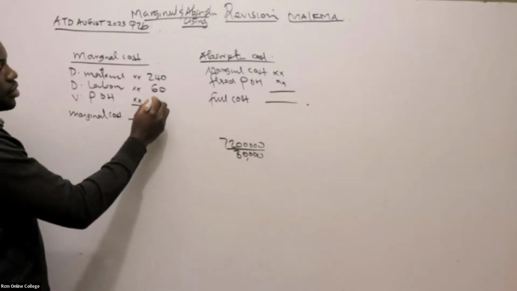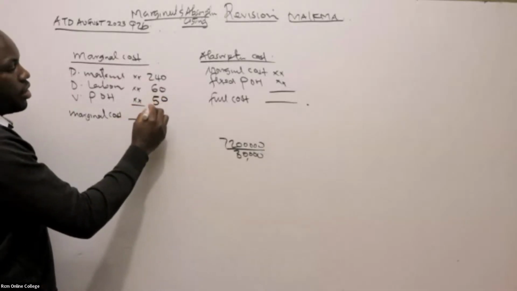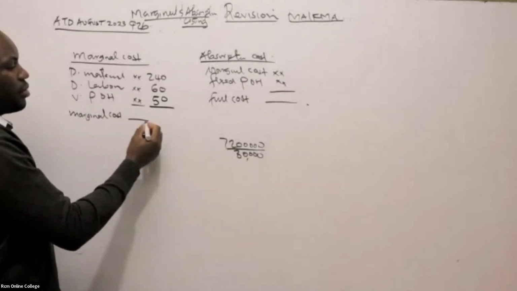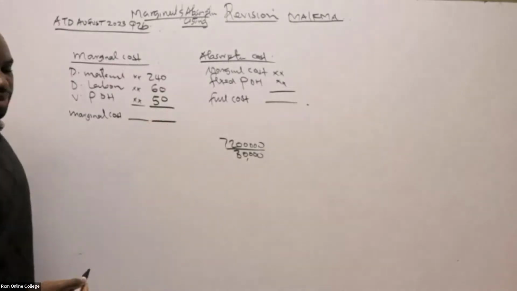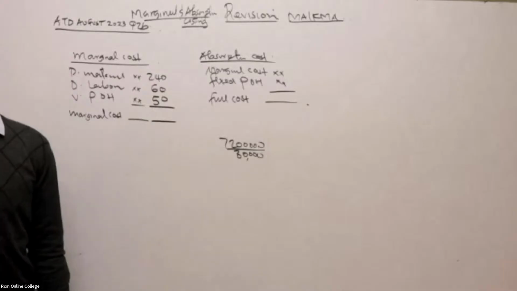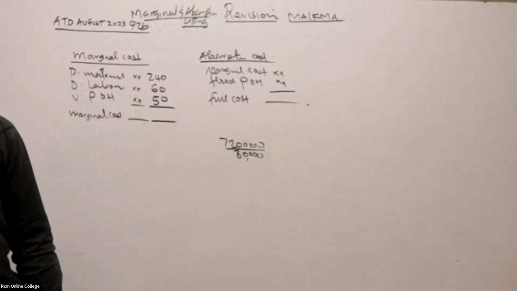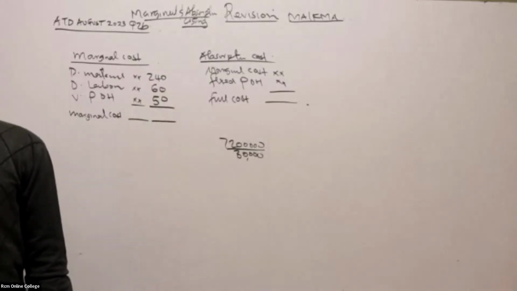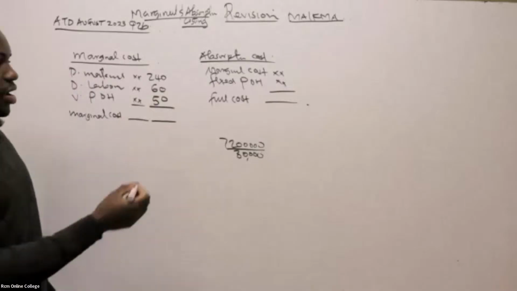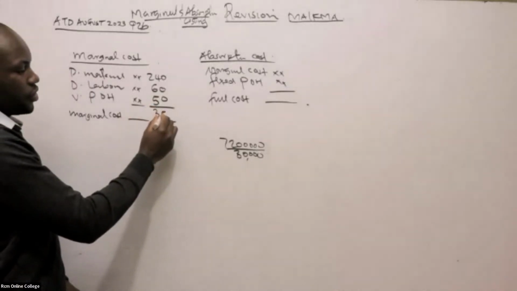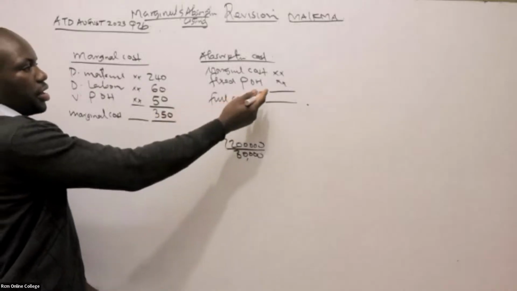It will give us 50. So when you add all the three, you'll be getting what you call marginal cost. So what is our marginal cost? 350. Good.